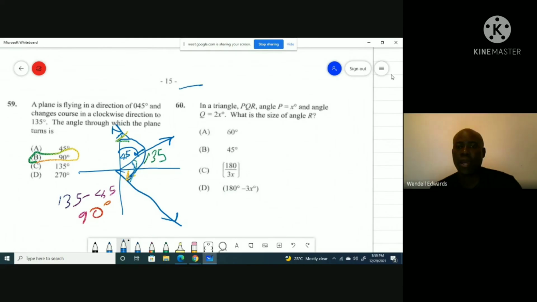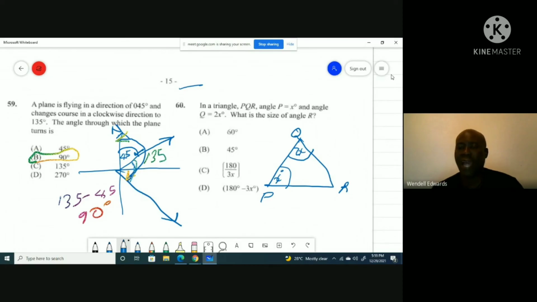In a triangle PQR, let me just draw this triangle. P is X degrees. All right, good. We know that much. And Q is 2X, so we have 2X there. I'm labeling my concepts. What is the size of R?